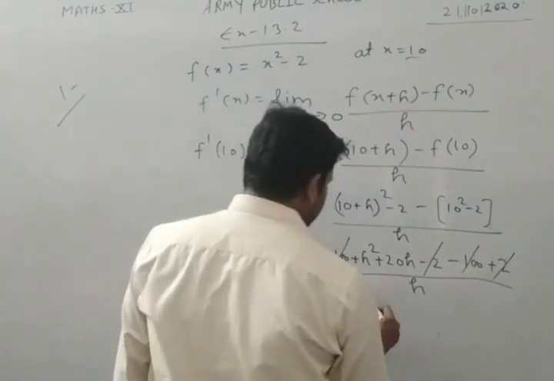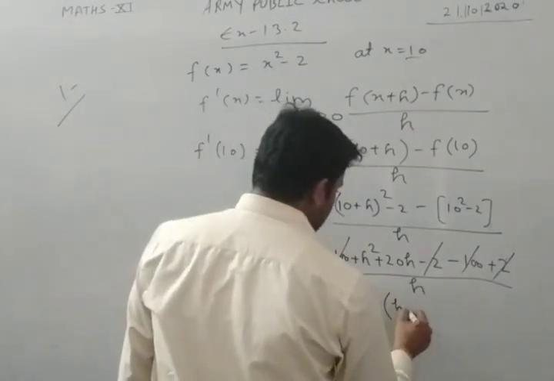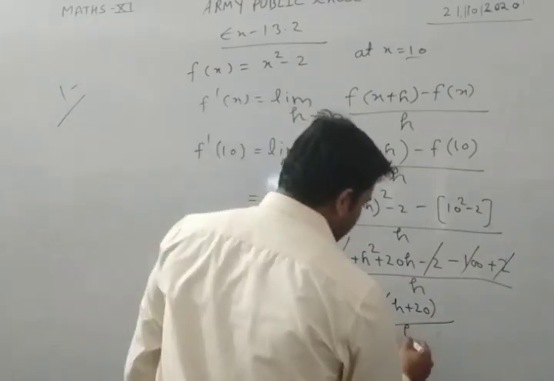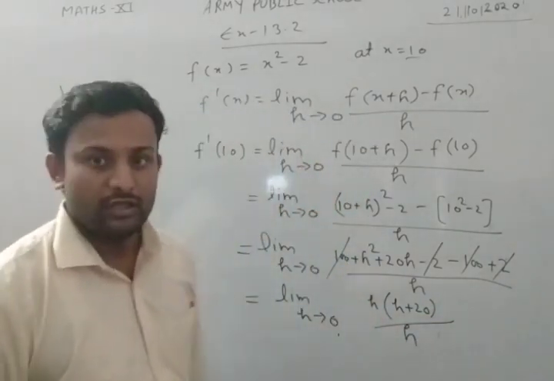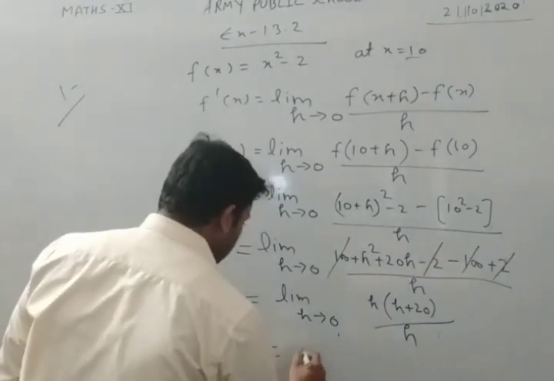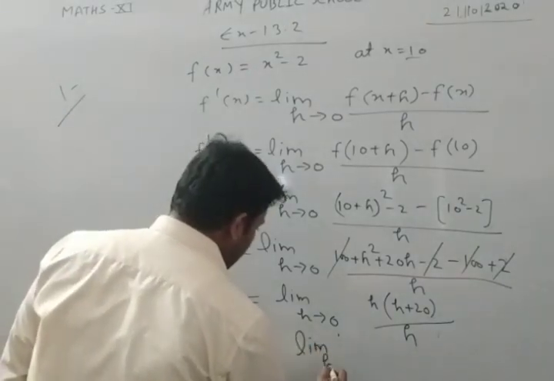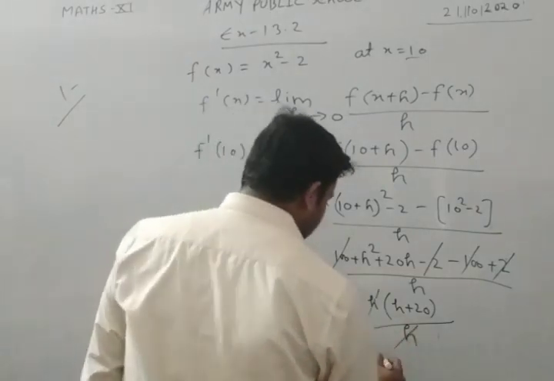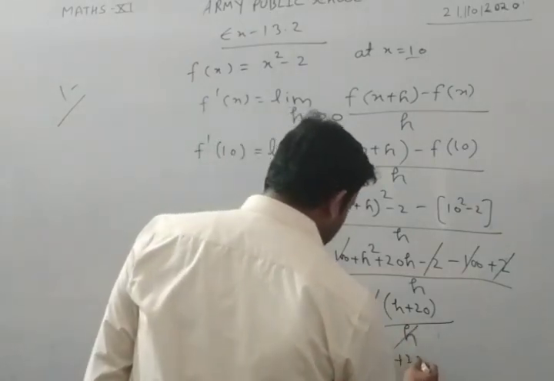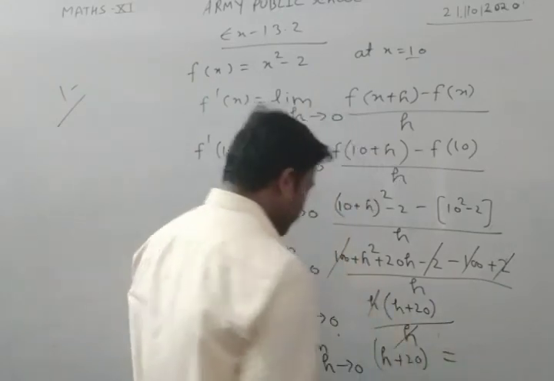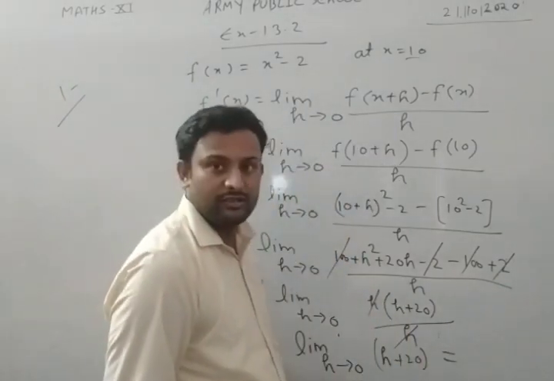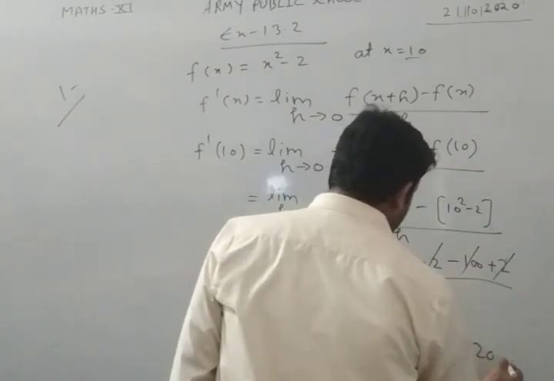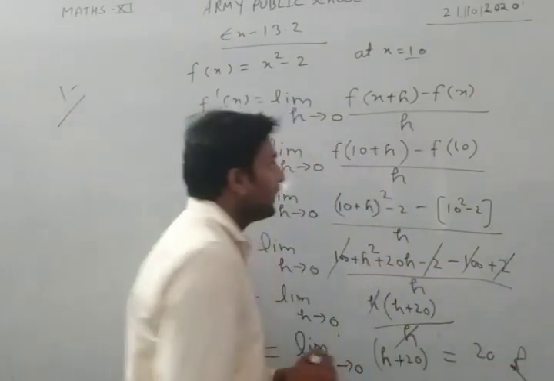Now we get h square plus 20h divided by h. Now limit h tends to 0, this h will be cancelled and we get h plus 20. Now put the value of limit h is 0. We get here 20. This will be our answer.